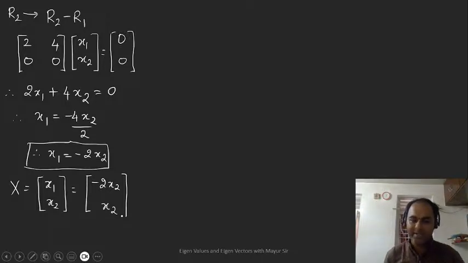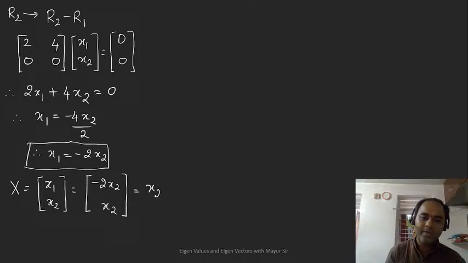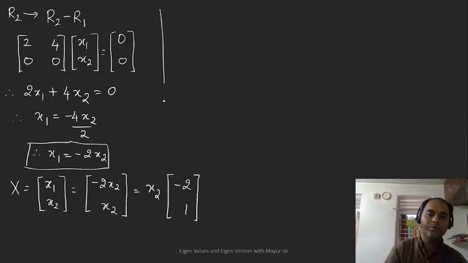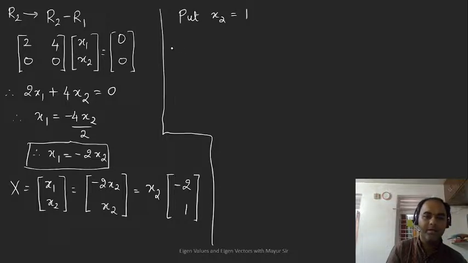Treat x2 as a scalar and bring that x2 outside. Inside what is left is -2 and 1. Now you put small x2 equal to 1, then you get your capital X2 as the eigenvector, which is [-2, 1].